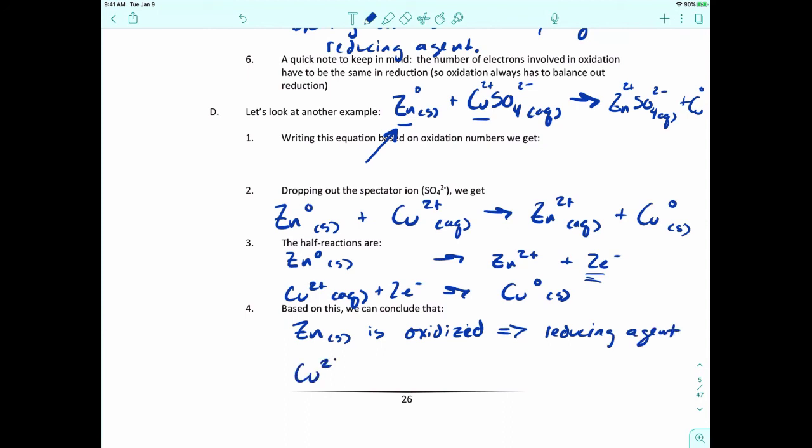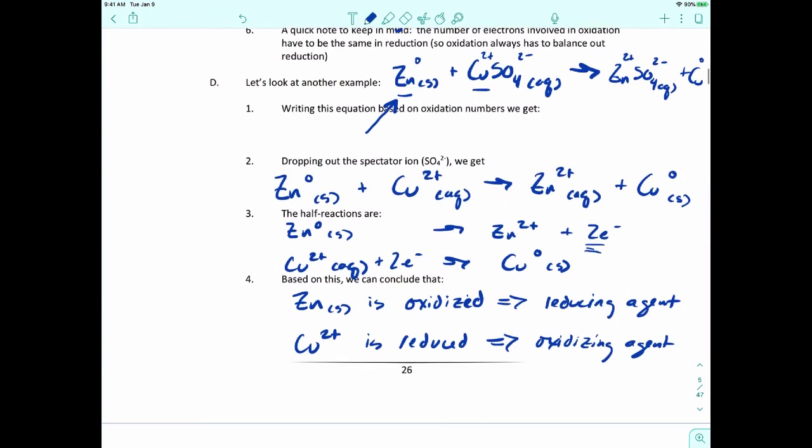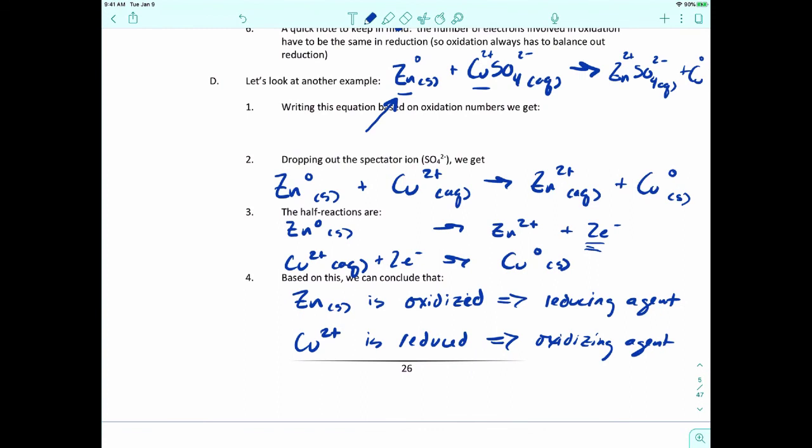And if copper 2 plus is being reduced, so it's gaining electrons, that means it's your oxidizing agent. Pretty cool. So every time we take a look at a reaction, those are the things that we're trying to figure out. What species is being oxidized? What species is being reduced? What species is your oxidizing agent? What species is your reducing agent?